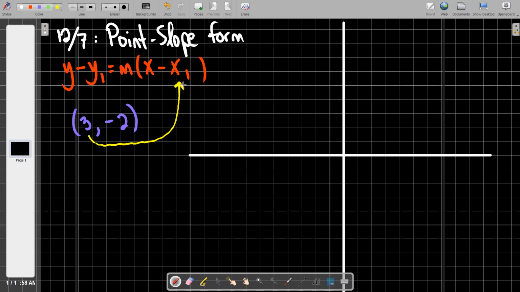Because it's an x coordinate. And remember that we always replace x1 and y1. We don't mess with just the x and y. And then the -2, where does it go? Into y1. And then the last part, let's say we had a slope, like the slope is 1/2. And that goes in place of m right there, right?